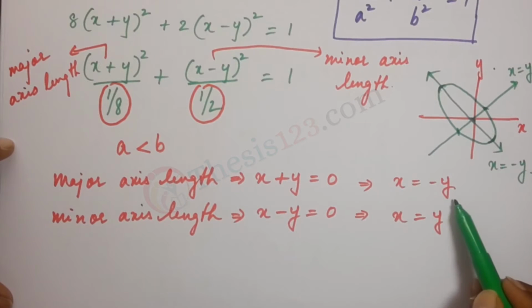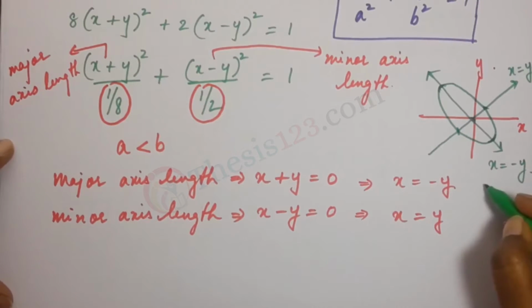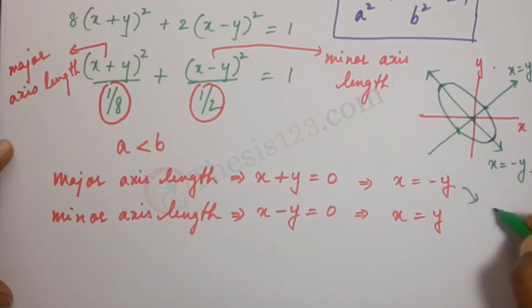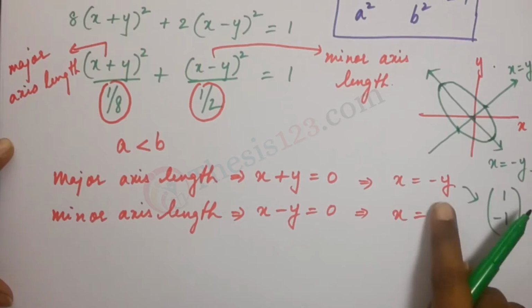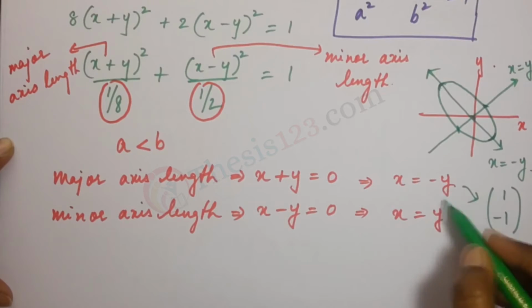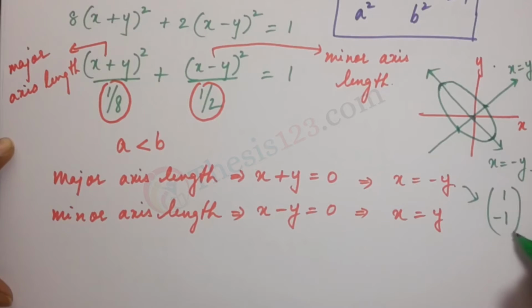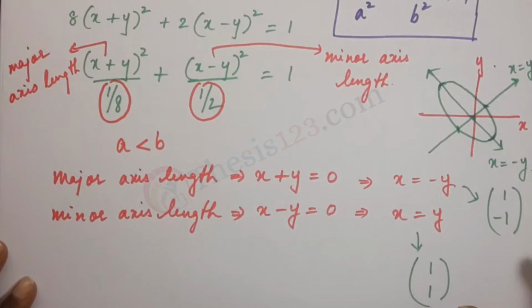So the major axis tells us that the value is (1, −1), because y is −1. It's a negative. So it is (1, −1). But for minor axis, it is (1, 1). It is positive. So this gives us the answer.